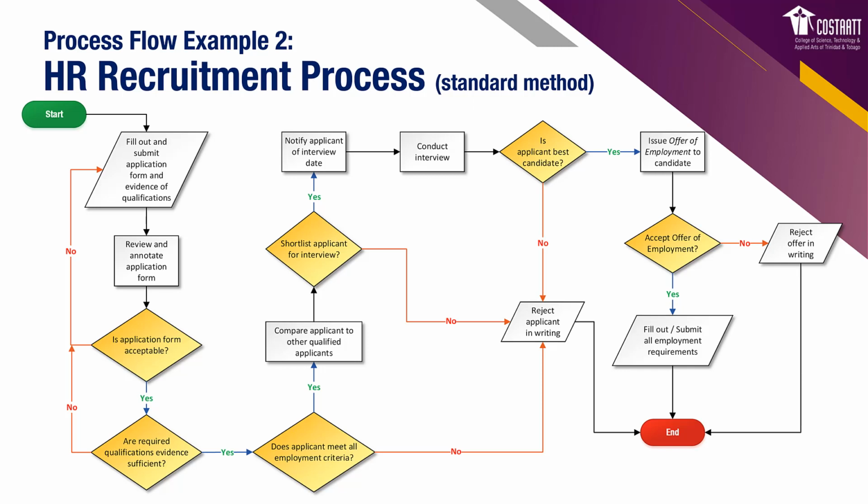As easy as this is to read, as easy as it is to understand what's going on, as easy as it is to understand what each step is, what kind of task it is, whether it is an input or output, whether it is a sub-process or decision, that one problem is that it does not show you who in the company is responsible for which of these tasks.